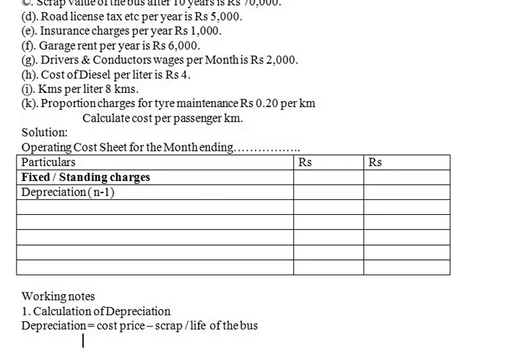Now this equals the cost of bus, which is already given, 2,50,000, minus scrap, also given, 70,000, divided by life of the bus. They have given 10 years. Now just simplify this.